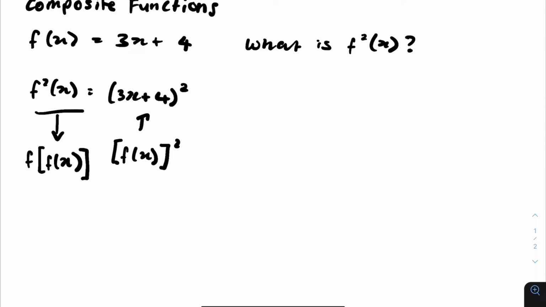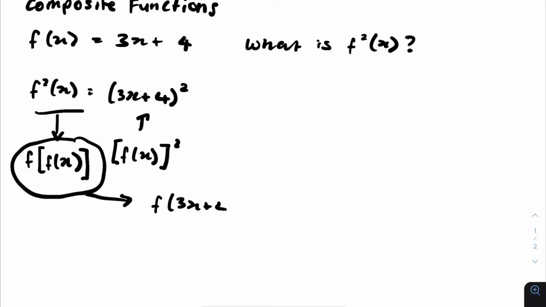So in this case, since it wants us to find f squared x, and since f of x is equal to 3x plus 4, the answer they're trying to get us to solve is f of 3x plus 4, where f of x is equal to 3x plus 4. As I mentioned in the last video, the thing in the brackets is what you substitute for every value of x.